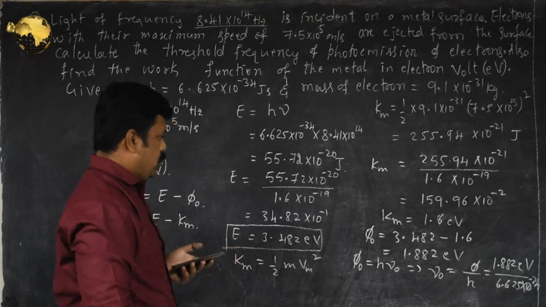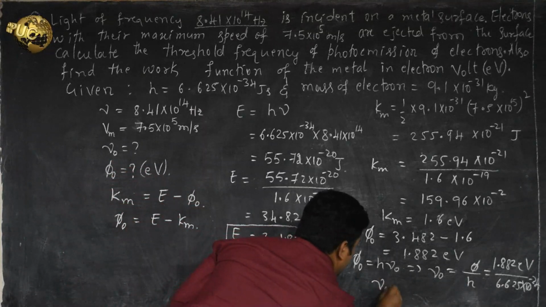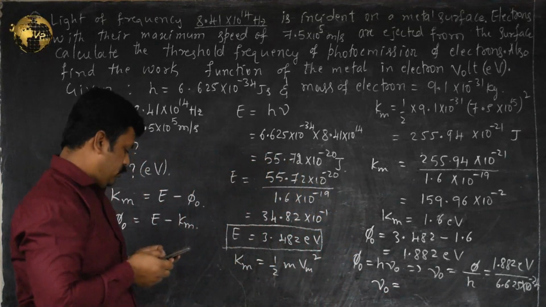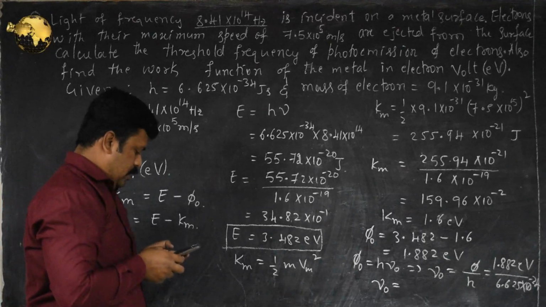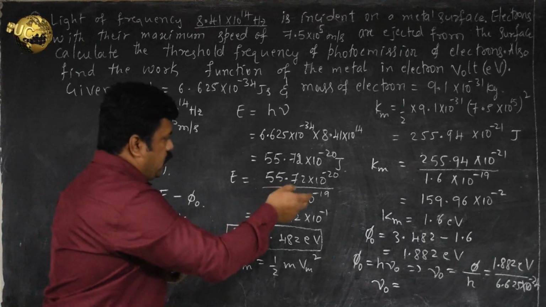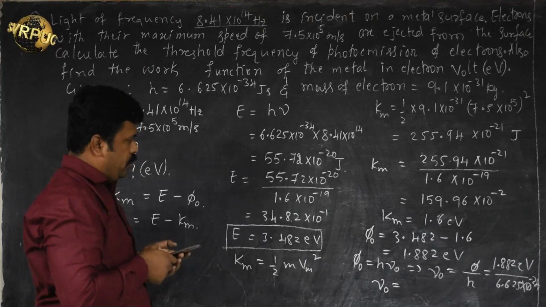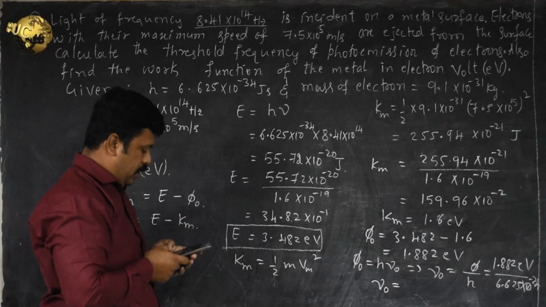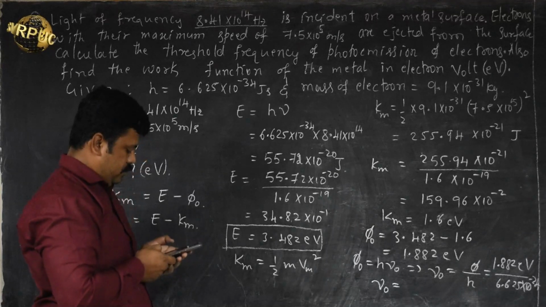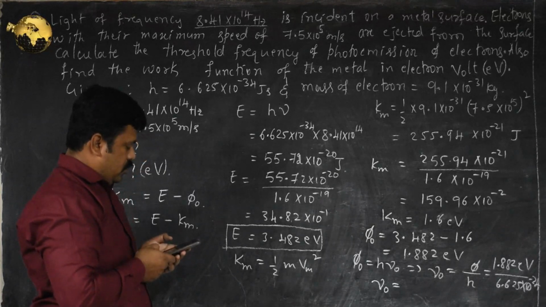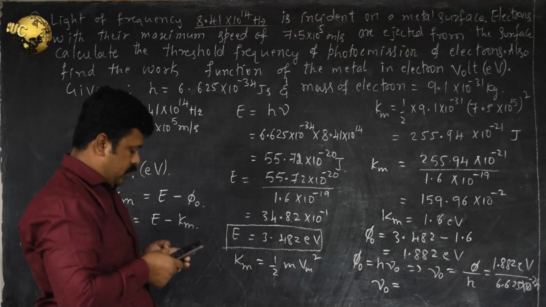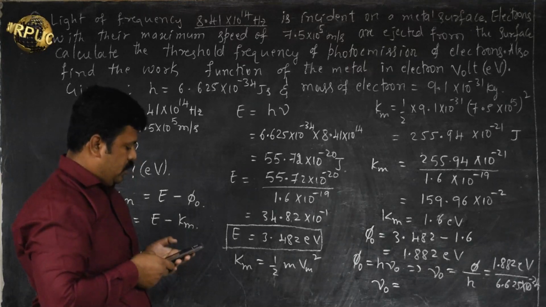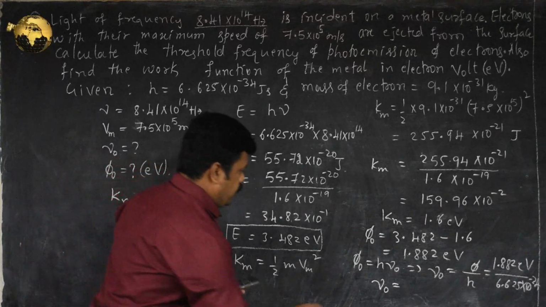Okay, it's becoming a bit lengthy. Let's convert the electron volt into the usual joules by multiplying by 1.6, and dividing by 6.625.